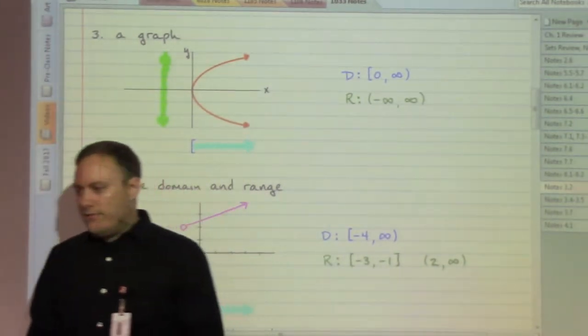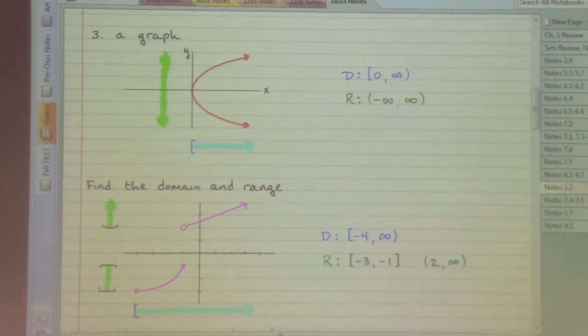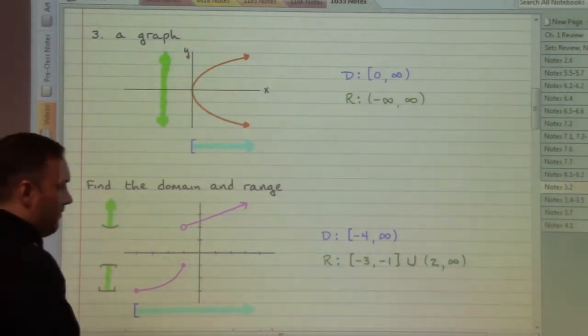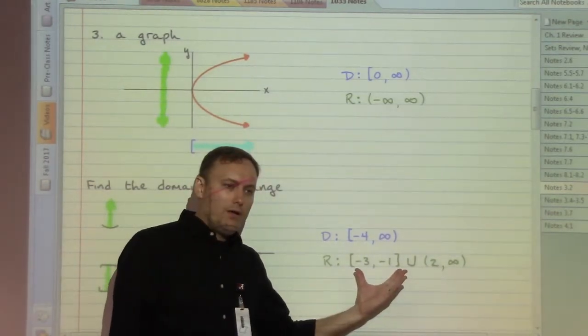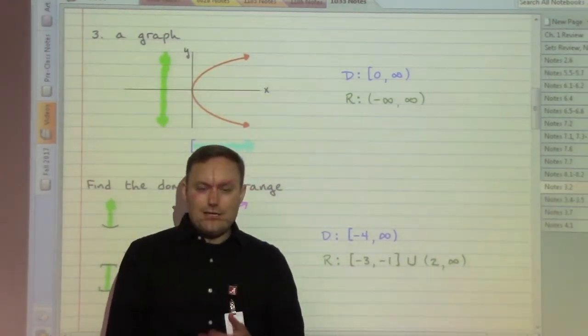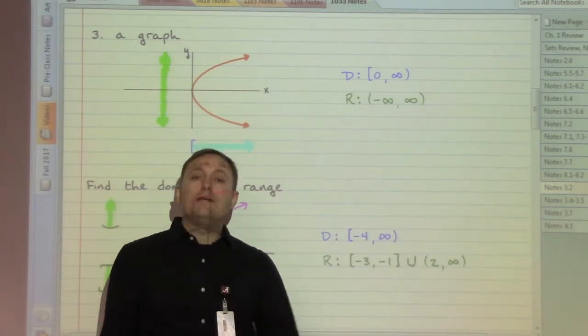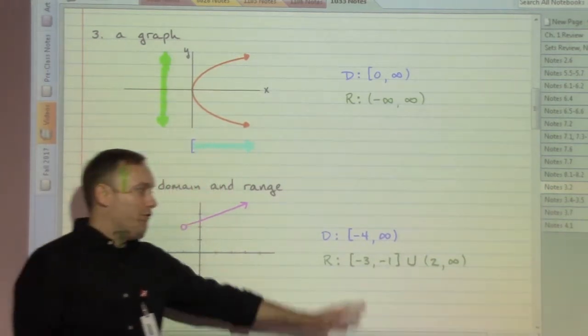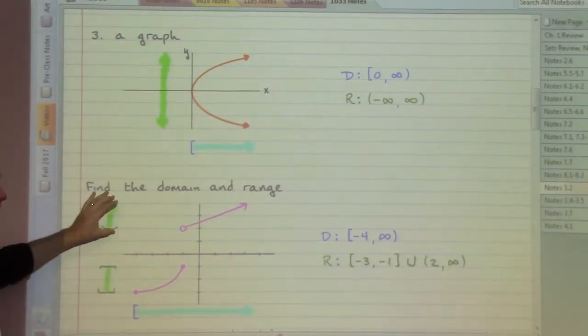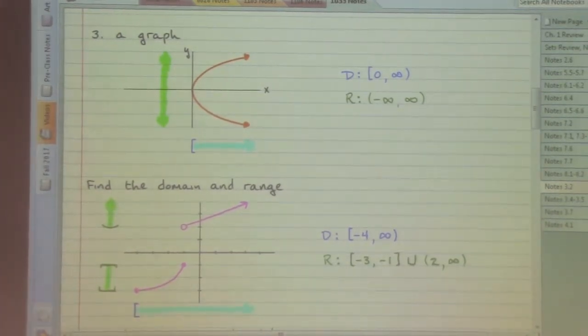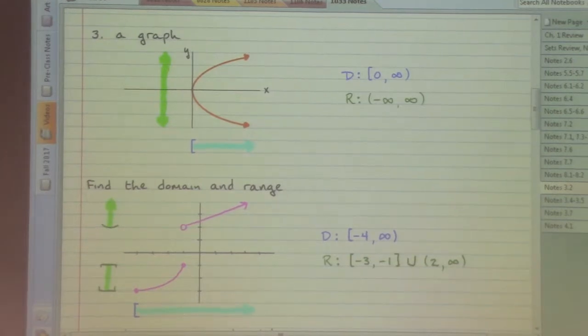So this is one of those occasions where we pull out the union symbol to join those two together, in order to, instead of having two separate sets of numbers, we now officially can see this as one big set of numbers for the range that take care of all of the stuff in pink from bottom to top.